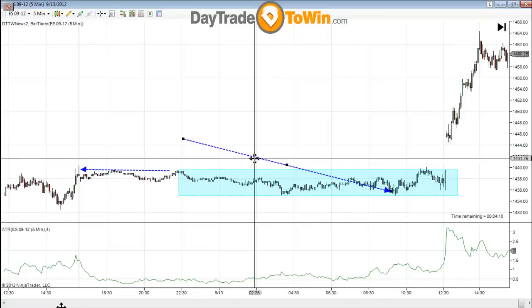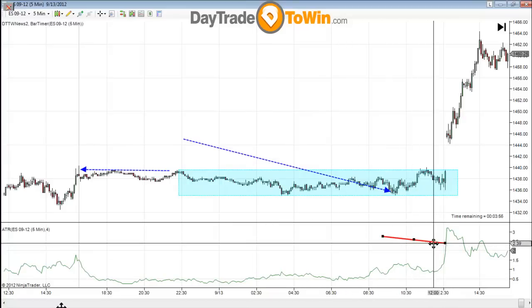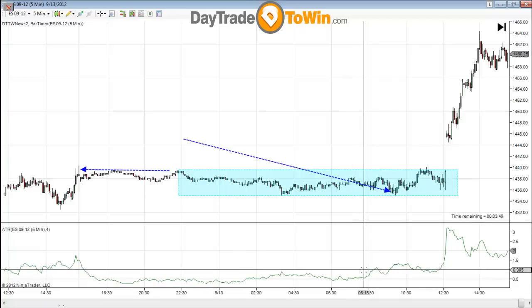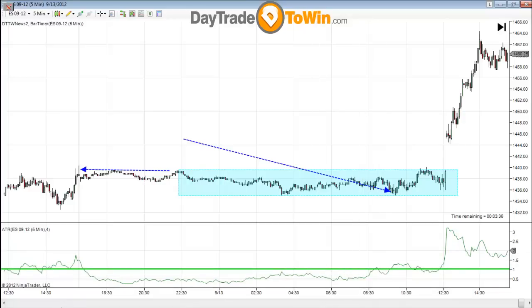So I always want to have an understanding of what is occurring. I can't think of the market as a machine. It's a living entity, and that's why I look at the ATR, the average true range, to tell me what's happening. Is it slow? Is it fast? Is it volatile? Is it dead? One of the things that I do is I place a median line where I say anything less than 1 point on the E-mini S&P is typically not worth trading.